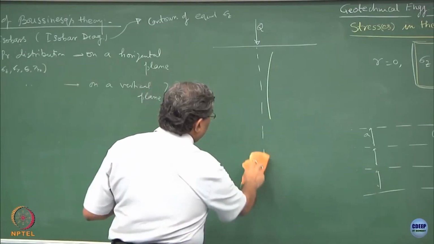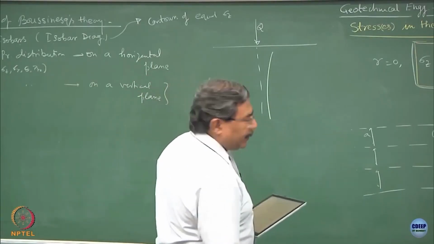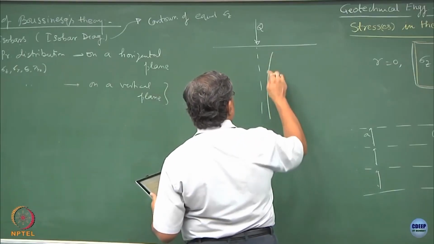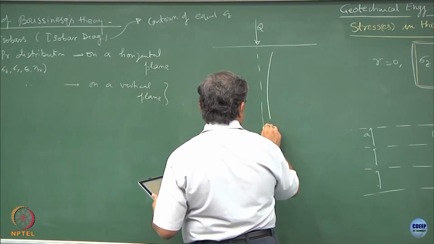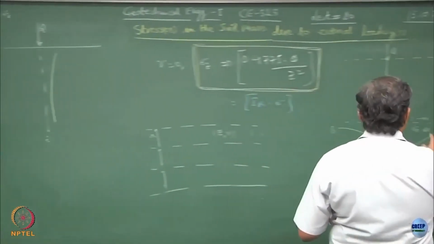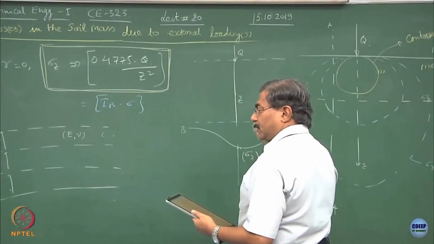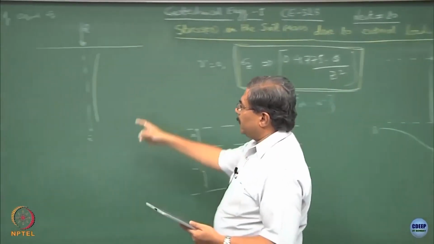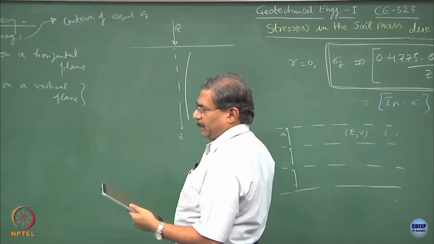Okay. So, starting from a very high stress value, the sigma z is decreasing as z increases. So, this becomes the variation on a horizontal plane, this is the variation on a vertical plane.